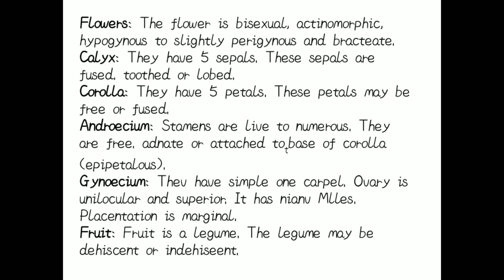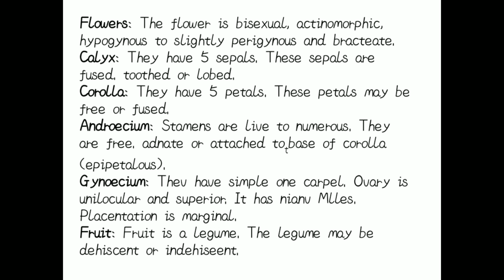Gynoecium, the female part of the subfamily Mimosaceae, is simple, having one carpel. Ovary shows unilocular, means a single locule structure, and it is superior. It has marginal placentation.